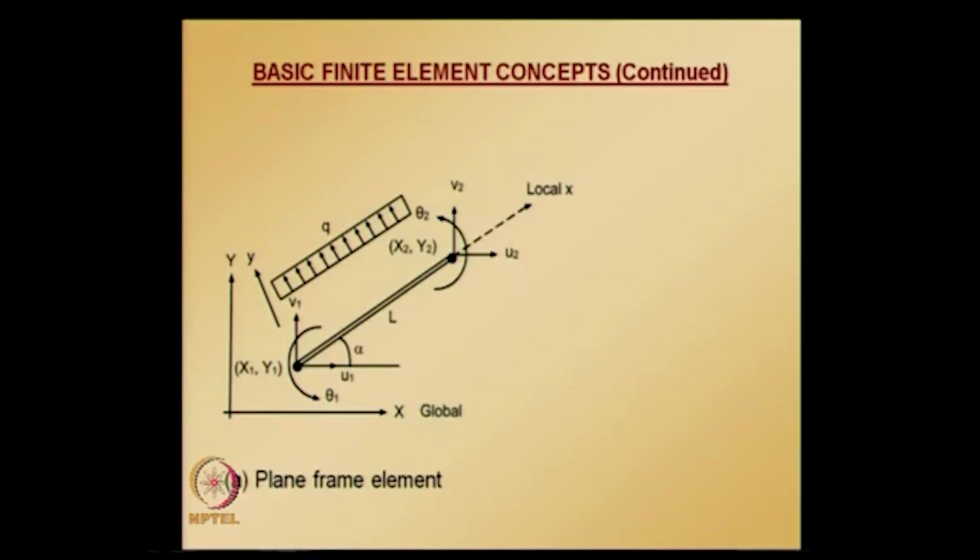Local x axis is defined by a vector going from node 1 to node 2, and local y axis is perpendicular to local x axis, or local y axis is at 90 degrees counterclockwise from the local x axis.